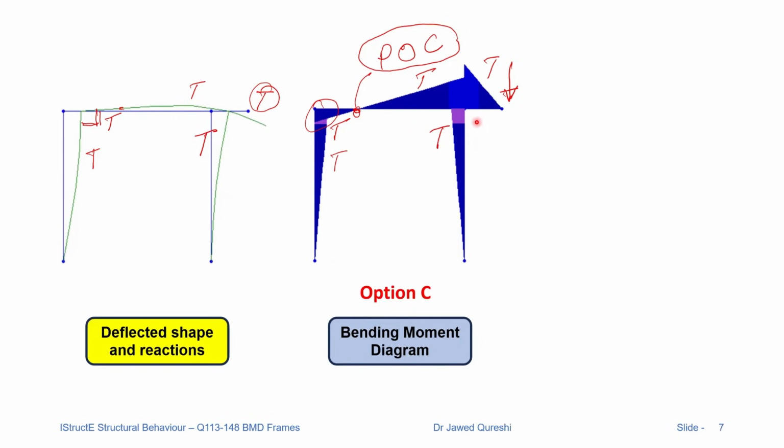To obtain this bending in the column, I should have a rightward horizontal reaction here that will cause this column to bend towards left. In the same way, for the column on left, to get this bending, the reaction over here has to be leftwards.